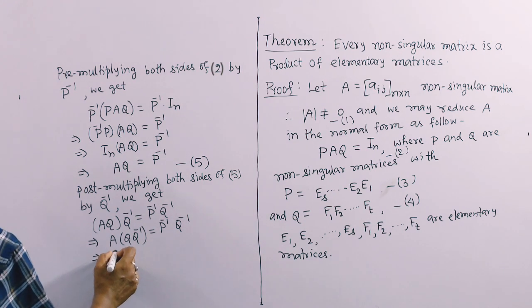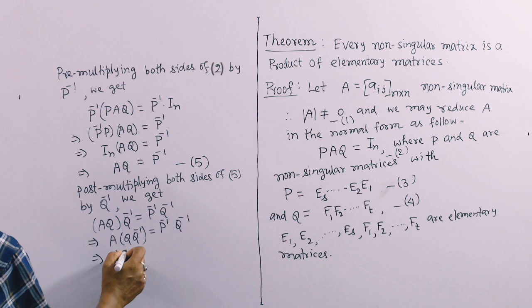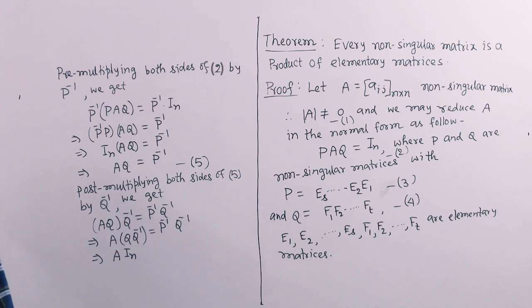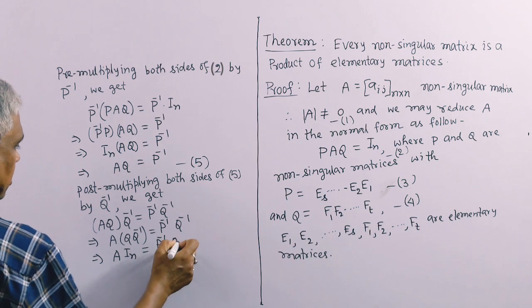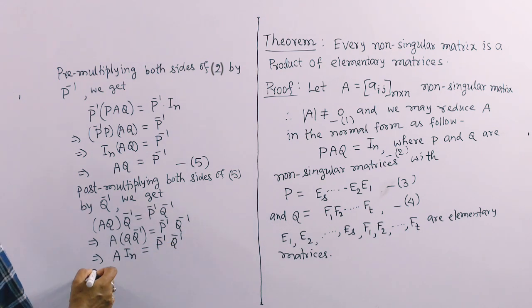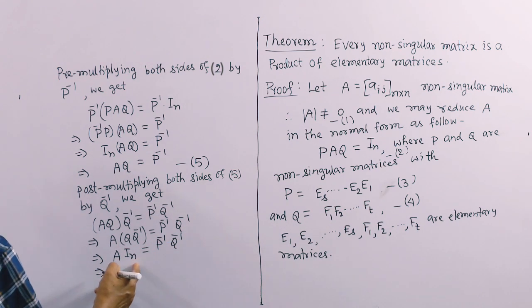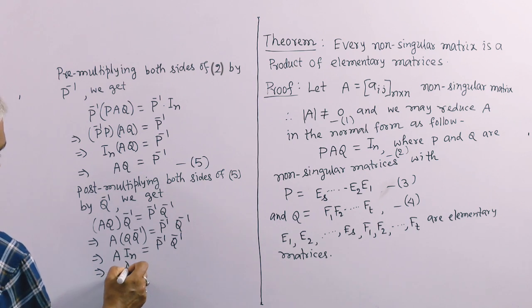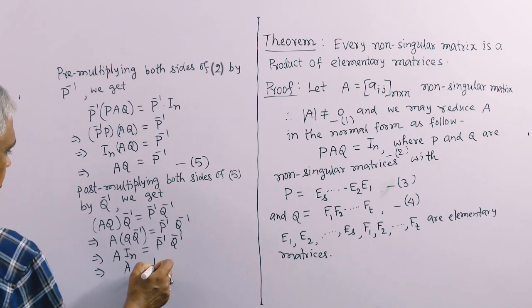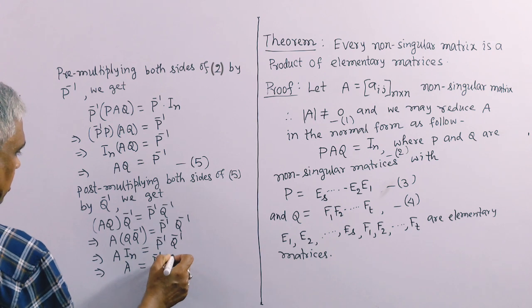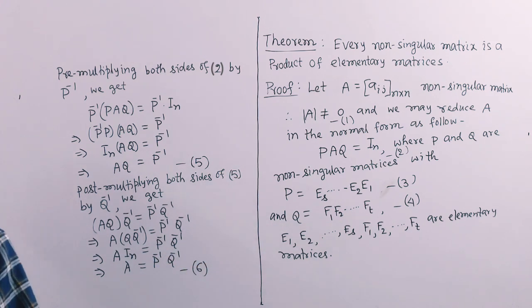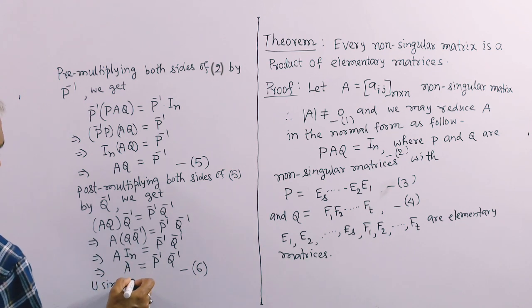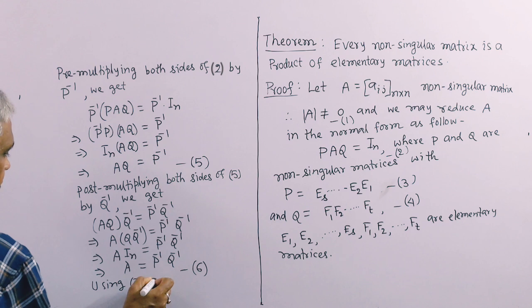This implies that A times the unit matrix IN equals P inverse Q inverse, and A multiplied by the unit matrix is A, equal to P inverse Q inverse. This is number 6, using 3 and 4.